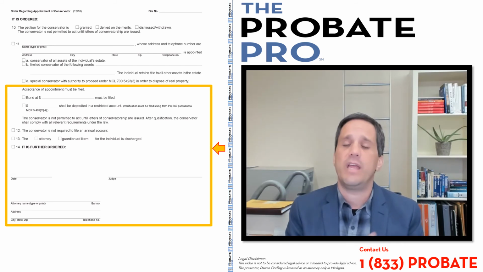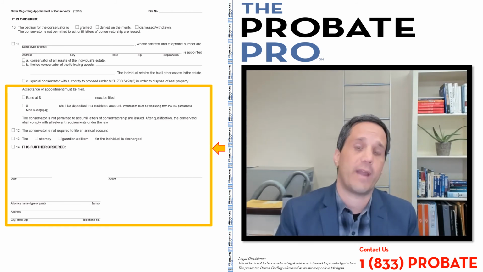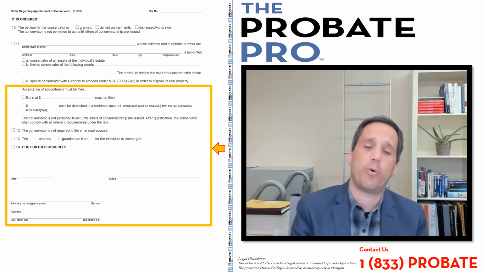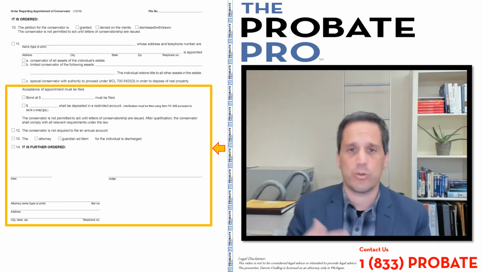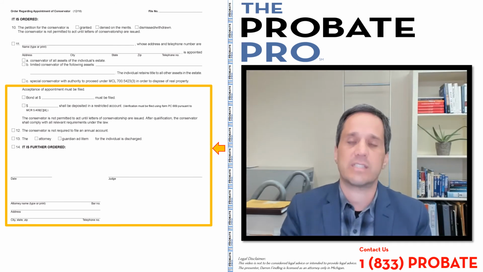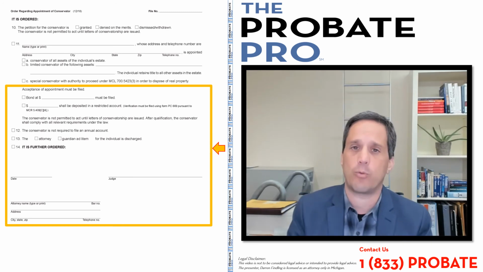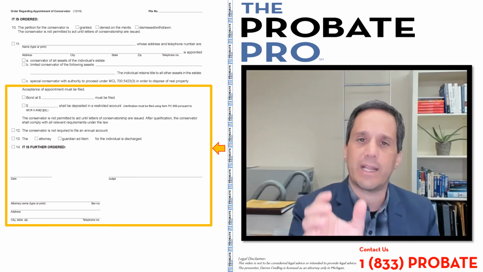Again, number 12, if there's a waiver of the requirement for an annual account, which is required by statute and court rule, that box would be checked. And if the court had appointed an attorney or a guardian ad litem for the individual that is being sought protection, this is the place for the court to say, you know what, you're done now. You're now discharged of that role. Don't confuse the term guardian ad litem with guardian.